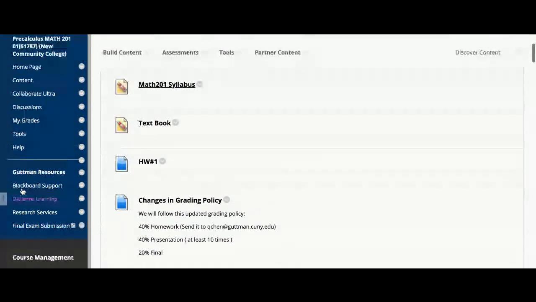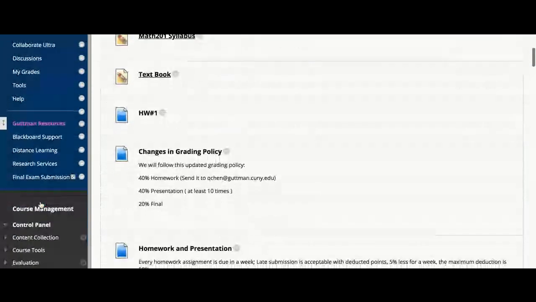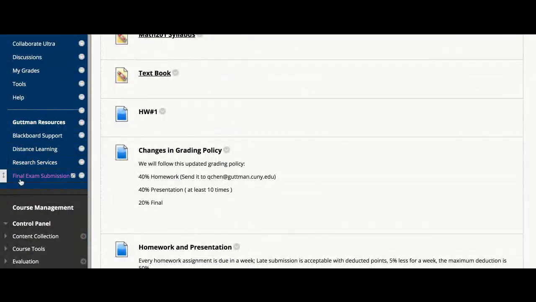You see here on the left-hand side, the blue area, the very bottom one says the final exam submission. For some reason, I cannot see that on my page. You don't see it yet. You will see it on December 16th.